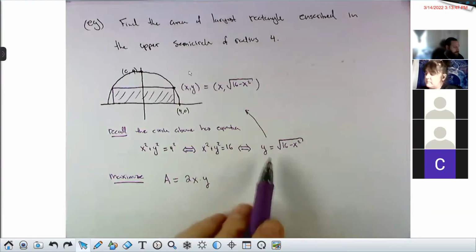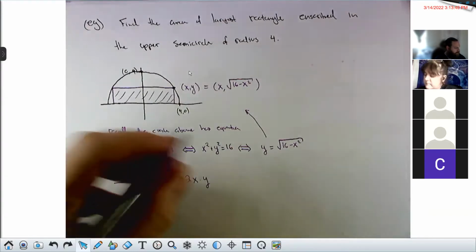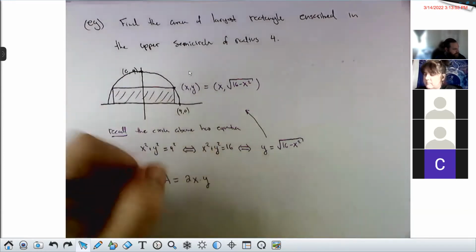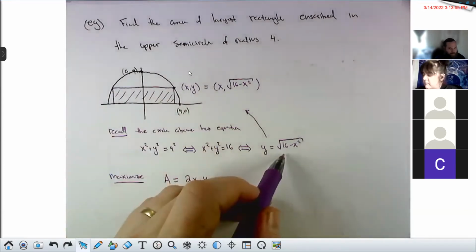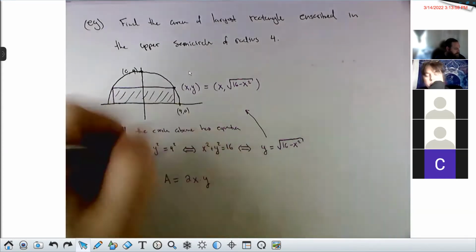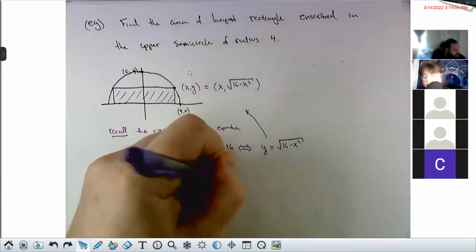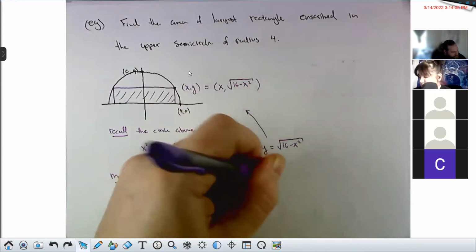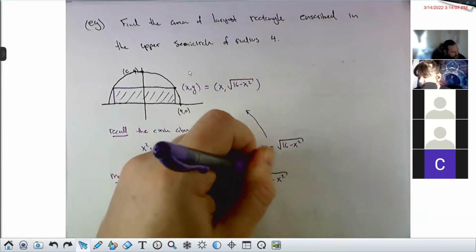And I know that y is the square root of 16 minus x squared. So plugging in this information from the constraint to this thing I'm trying to maximize, I get 2x times the square root of 16 minus x squared.